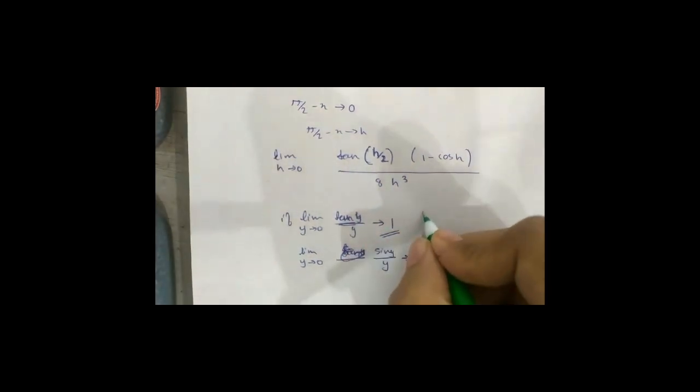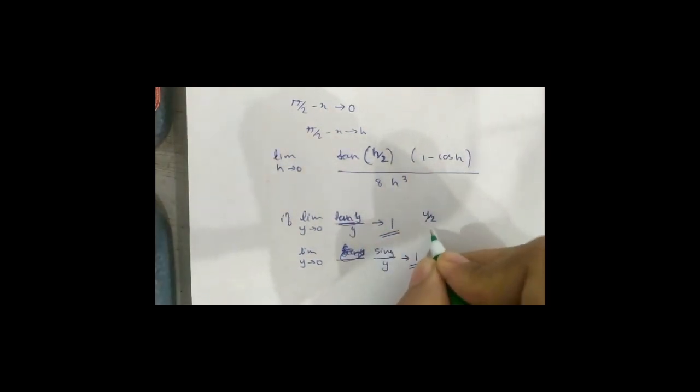So can we make use of them? One important thing in the limit is that if the numerator would have been y by 2, then the denominator also demands to be y by 2 only, then this would be valid, right? So if we see our main problem, let's come here.